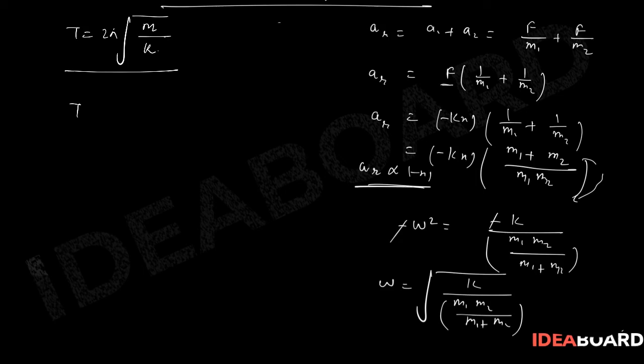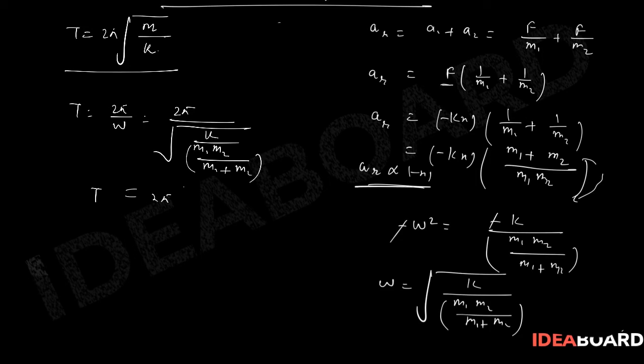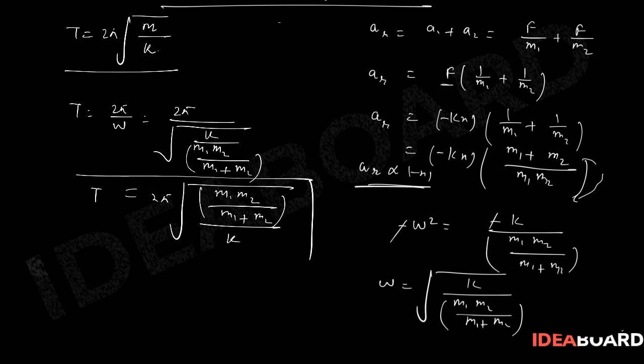So now from here we can calculate the SHM time period as 2 pi by omega, which is 2 pi under root of m1 m2 upon m1 plus m2, that will go on top, and k will be in the denominator.